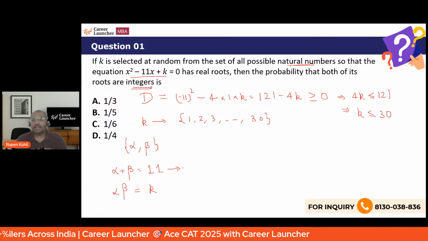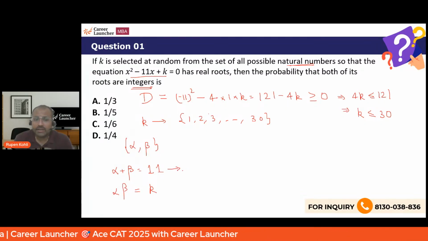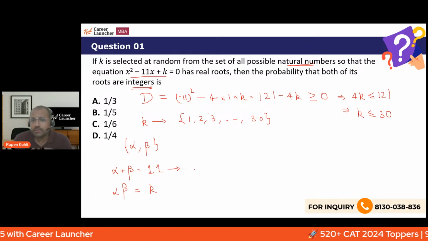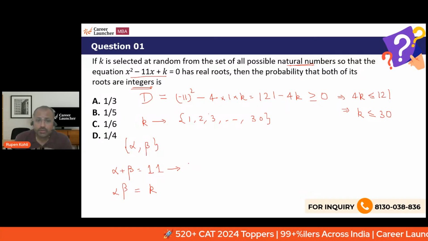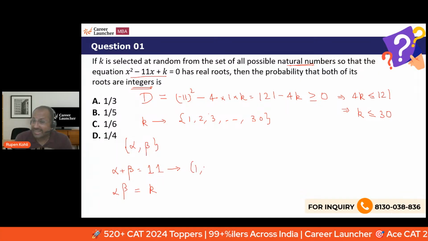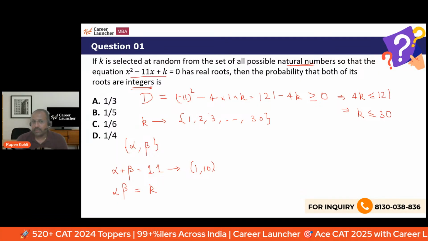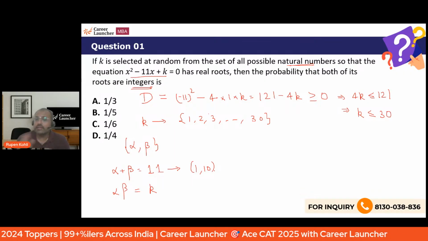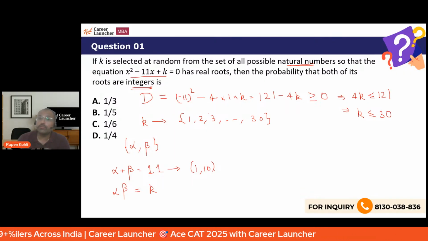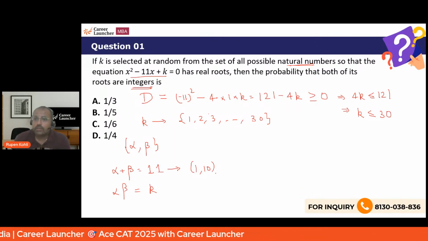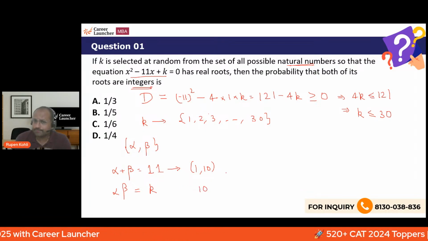So basically we need to break down this sum of roots into as many combinations as possible as the sum of two natural numbers. The combinations of alpha and beta can be what? Starting from 1 comma 10. We can't even do 0 comma 11, because then the product of roots will become 0. So 1 comma 10, k takes the value 1 into 10, 10.